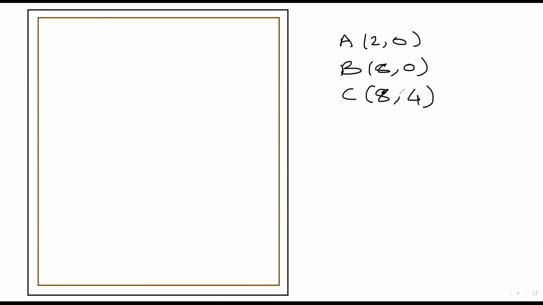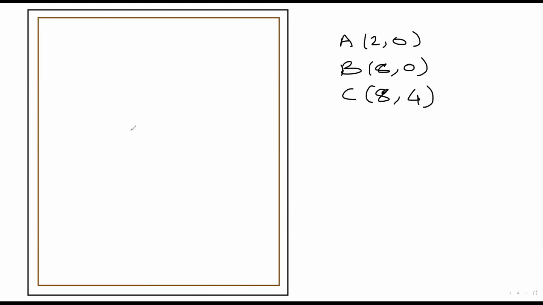In this question, first of all, let us write down what the coordinates are. What is A? 2 comma 0, that means it lies on the x-axis. What is B? 8 comma 0, this also lies on the x-axis. What is C? 8 comma 4, this lies in the first quadrant, correct?